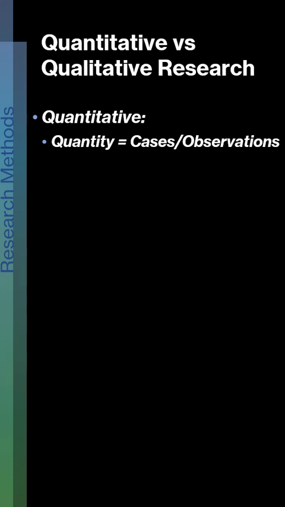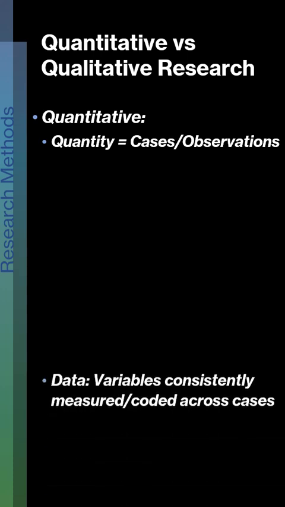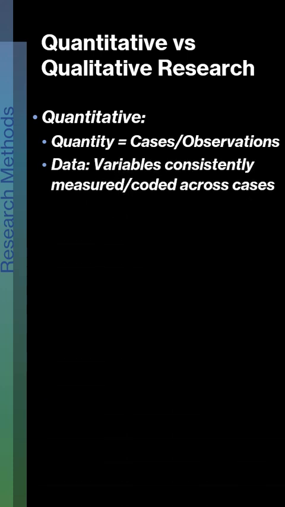That is not what makes it quantitative. What makes something quantitative is when you have a quantity of cases and observations that you're looking at, and you have data. Data is defined as variables that are consistently measured or coded across cases.